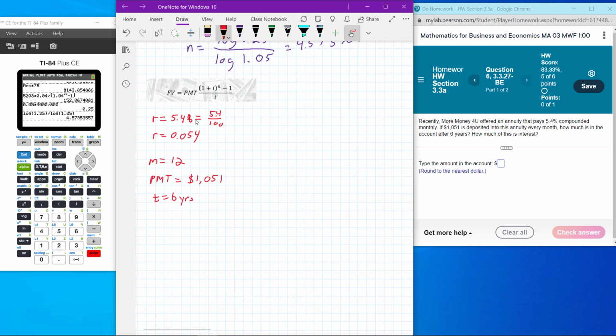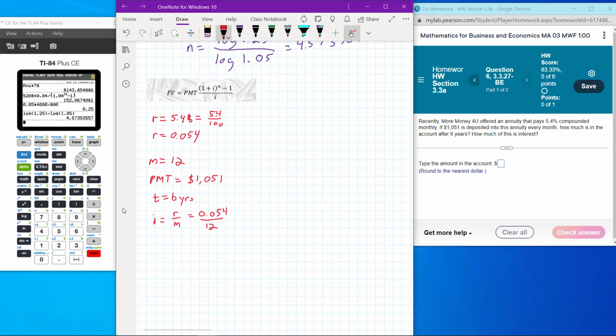Okay, well, notice that our formula uses the parameters I, which is the interest rate over the payment period, and N, which is the total number of payments. As before, I is equal to R, the annual interest rate, divided by the number of payments per year, which would be M. That is going to be equal to 0.054 for R, and then that will be divided by 12.